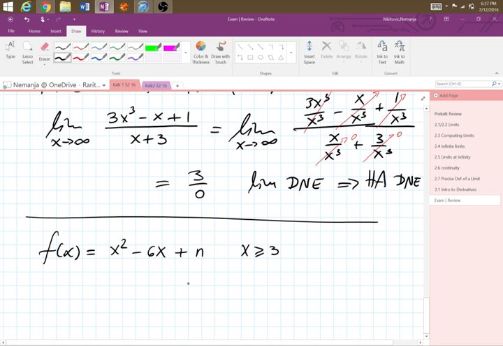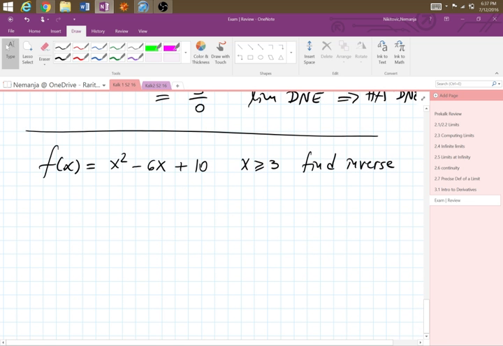And it says find the inverse of that. Find the inverse. Great. So what we know here is, find the inverse function.